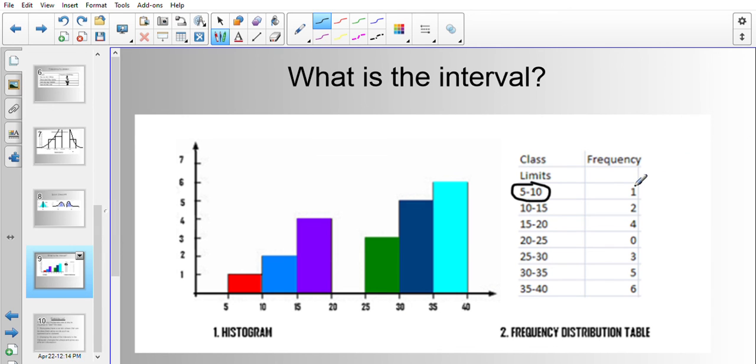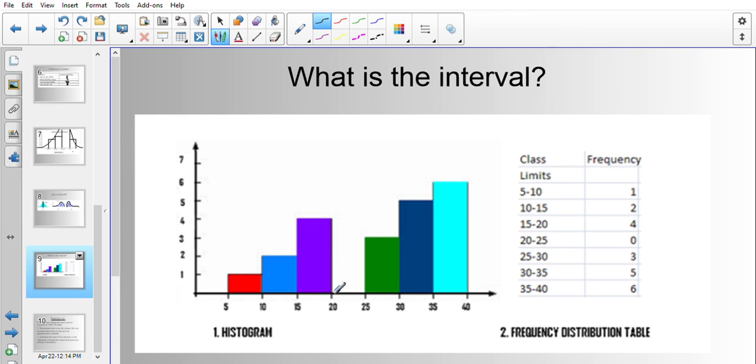The frequency within that interval is 1, so the block goes up to 1. Our second interval is 10 to 15, and on our histogram, the second block goes from 10 to 15. Within that interval, there's a frequency of 2.